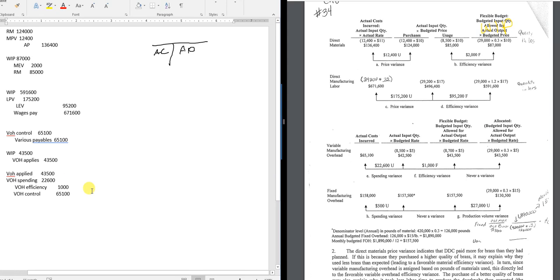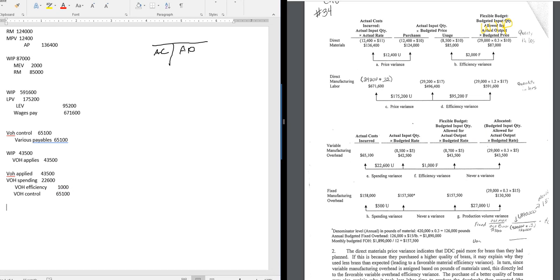Okay, so I'm going to double check that equals 43,500 plus 22,600. I'm going to subtract those out, 1,000 and 65,100. Yep, yeah, it's a 0. So I've got 66,100 over there and 66,100 over there.